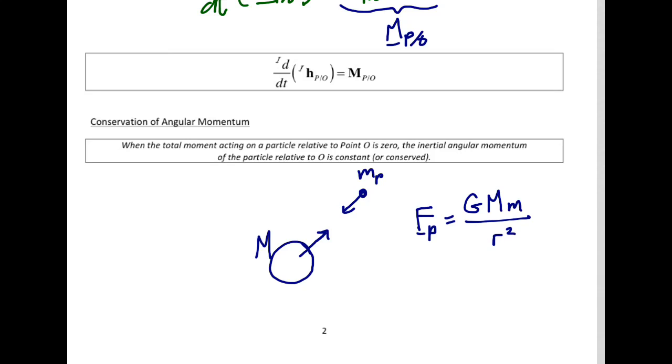And r is simply the distance between the center of mass of each of these masses.